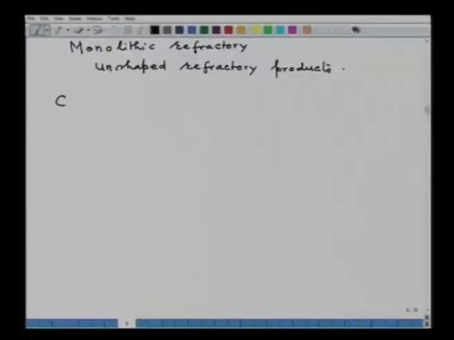Now, as for their types, they are available as castables. These castables are in fact a mixture of coarse and fine refractory grains, and a combination has to be there, because fines decrease the porosity as compared to the coarser grains.